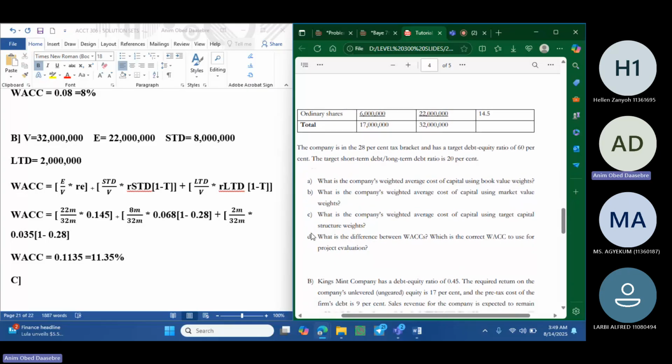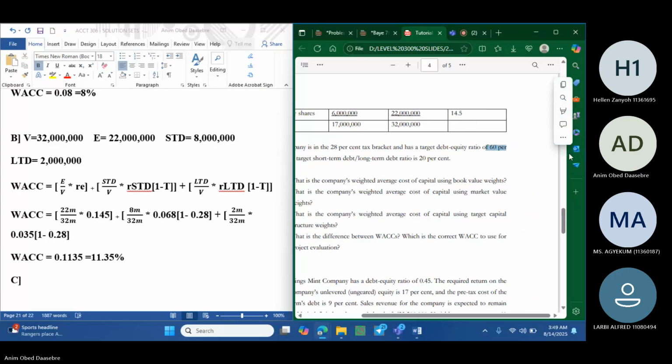So this one, we need to do some workings before we can get the target capital. Under the table, we said that we have tax 28%, and there's a target debt to equity ratio of 60%.